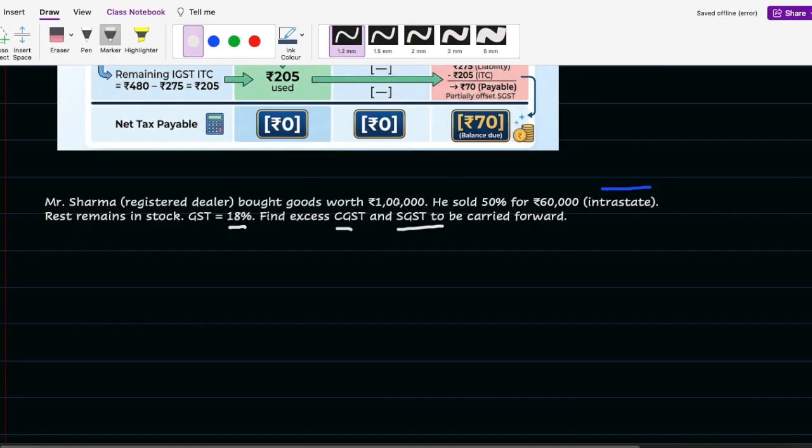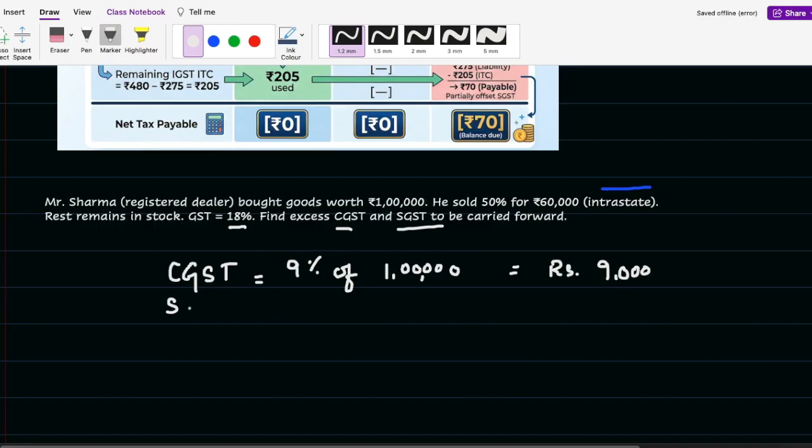So first of all, what we will do, intrastate means we have to find out how much is the CGST. First of all, how much has he paid as CGST. That is half of 18, 9% of 1 lakh rupees. How much is that? 9,000 rupees is the CGST.